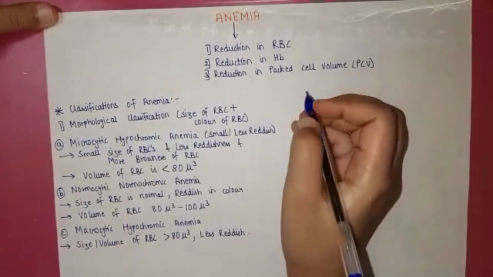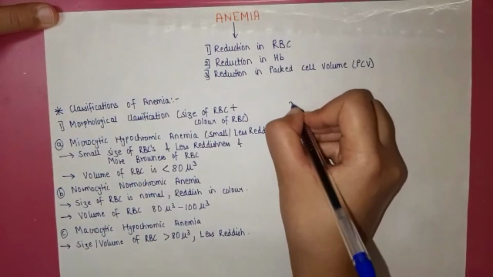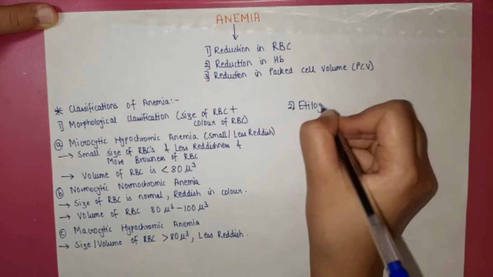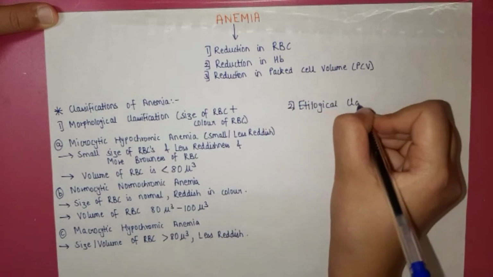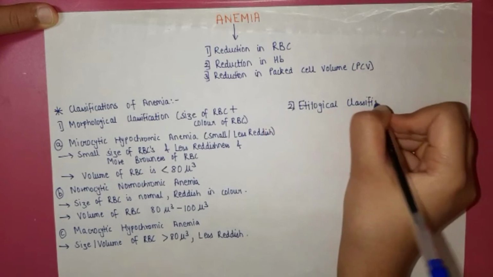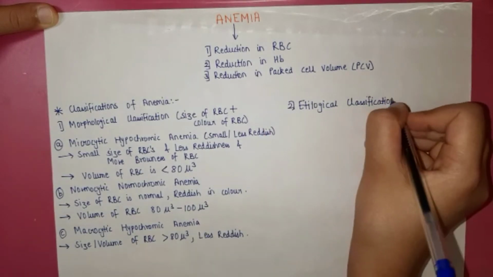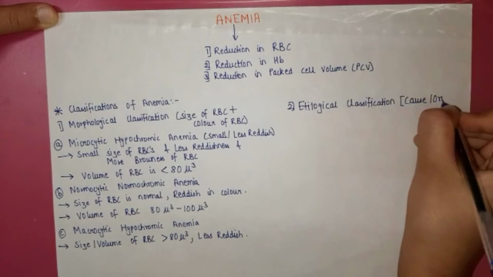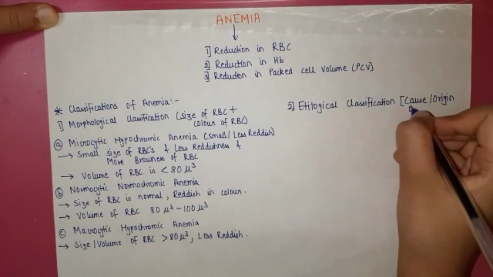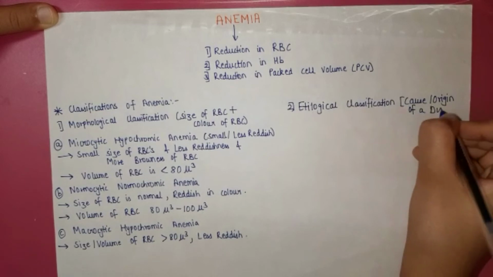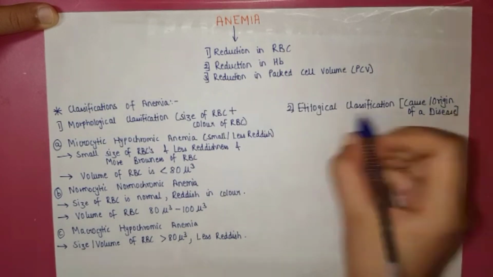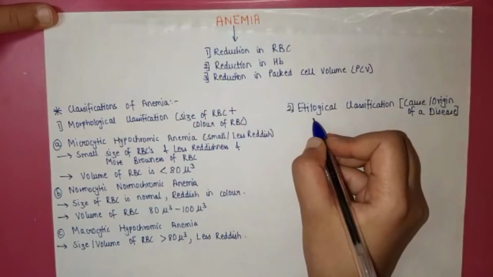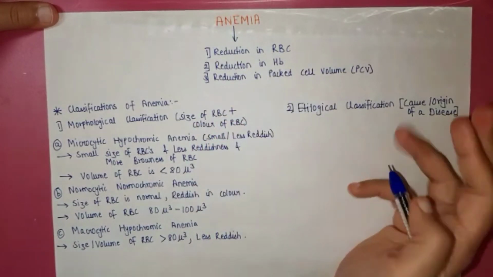Now the second type of classification we have is the etiological classification. Now what is etiology? Etiology is the cause or the origin of a disease. So what is the cause or origin of the disease known as anemia? So etiological classification has three types.